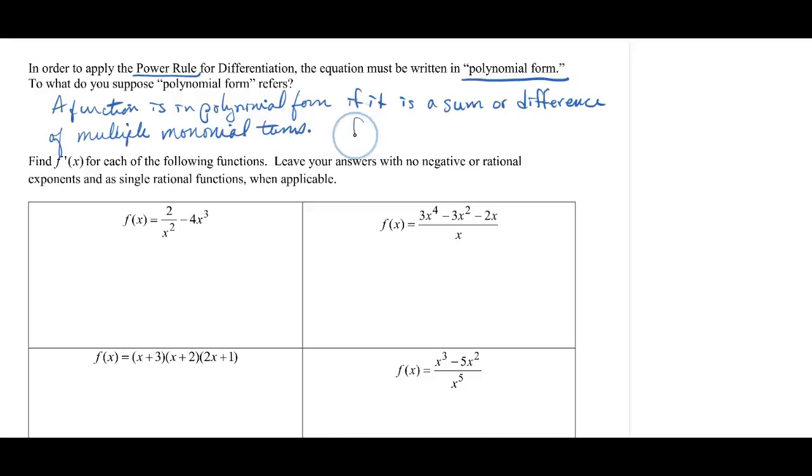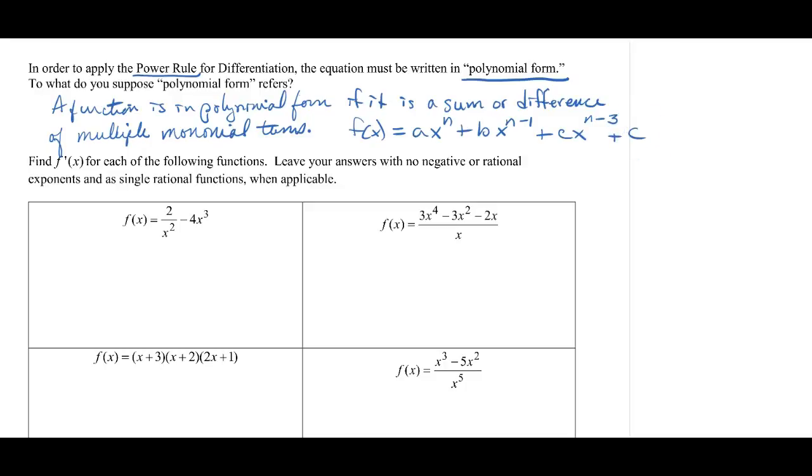For example, some number of x to 1 power plus some other number of x to some other power plus some other number of x to some other power, and so forth, plus some constant.